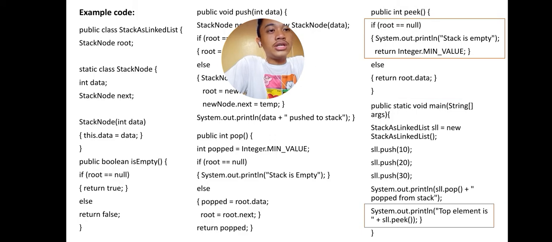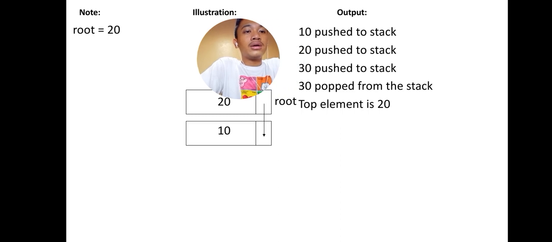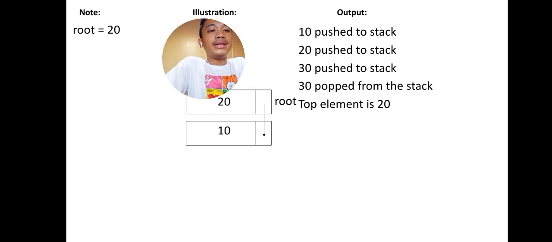So we need to check if root is equal to null. Since root is equal to 20, 20 is equal to null is false. So we need to jump to else, then return that root data. So remember, our root data is 20. So that would be top element is 20, which is correct because our root is 20.